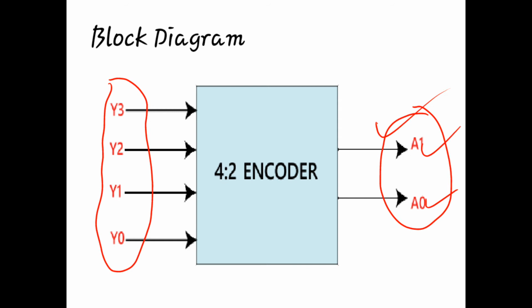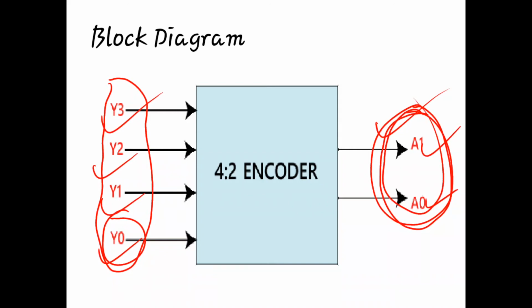So corresponding to 4 input lines y0, y1, y2 and y3, we are having two output lines, A0 and A1. In this 4x2 encoder, only one input line will be active at a time, which will give an n-bit code over A0 and A1 lines.